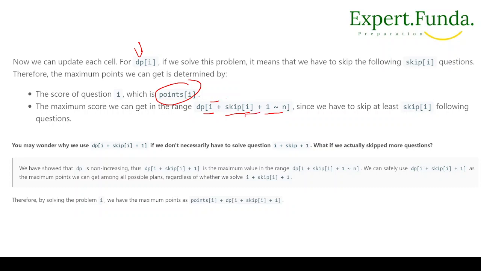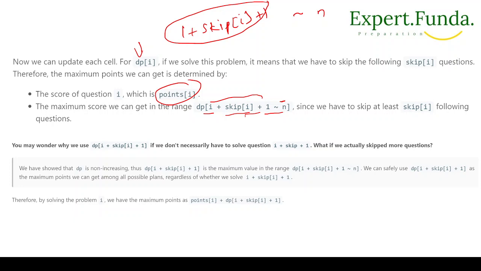So from here to here we will go, this range. If you write it like this, it will become skip at I plus 1, this is the range, from here to here, and to n. So this will be the range where we can get the maximum score.